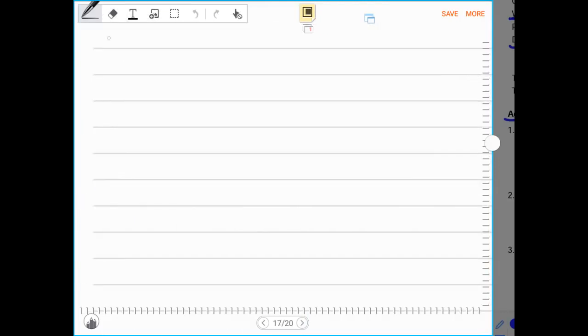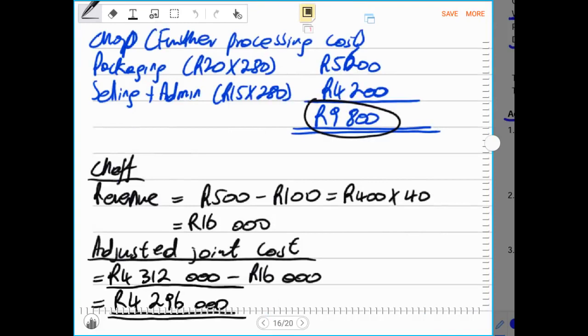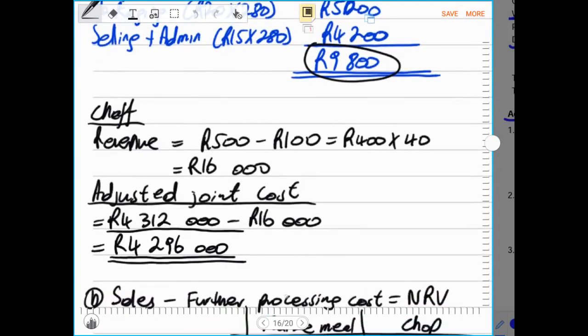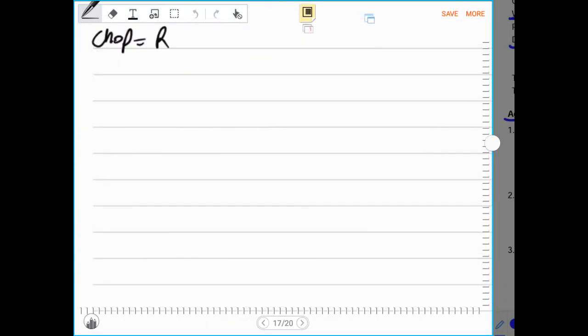Then we allocate our joint cost to the second product, chop, and we do the same thing. We take the amount of the joint cost, which is 4,296,000.